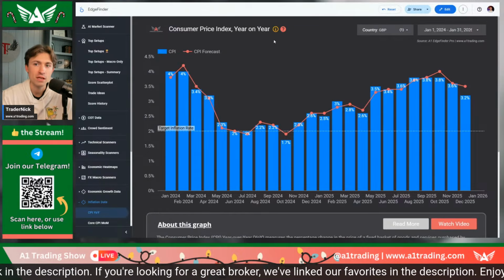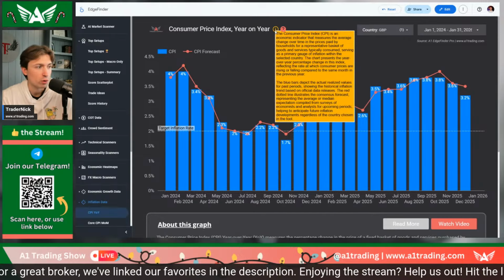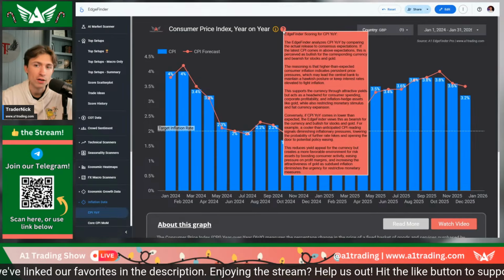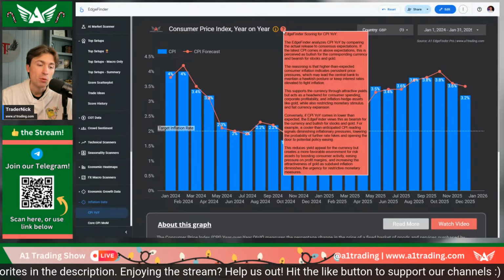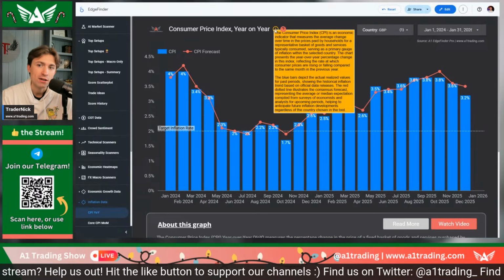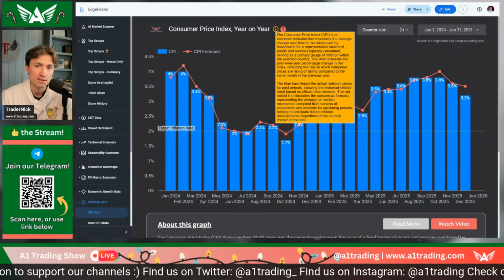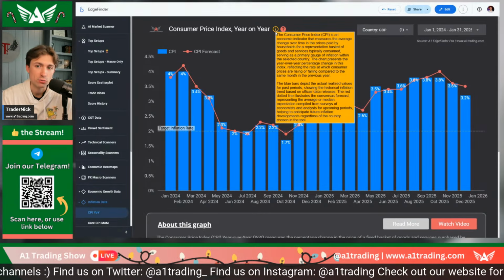And so, for example, I've just added these two little icons. I am going to be rolling them out across Edge Finder over time to make it a better tool. What I mean by that is, this little eye icon will tell you what it is that you're looking at. So in this case, we're looking at the CPI, the Consumer Price Index.